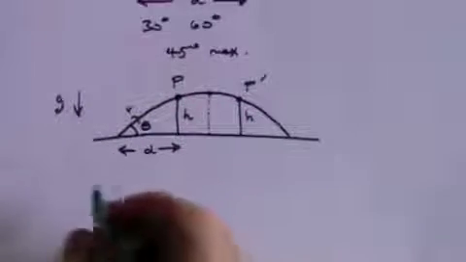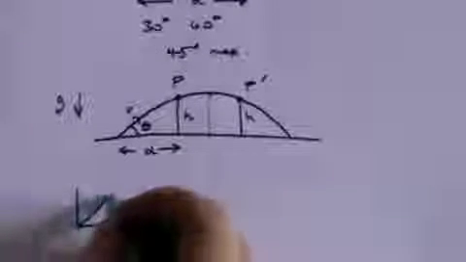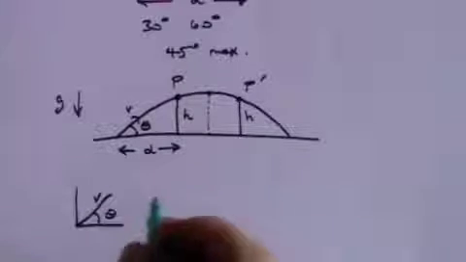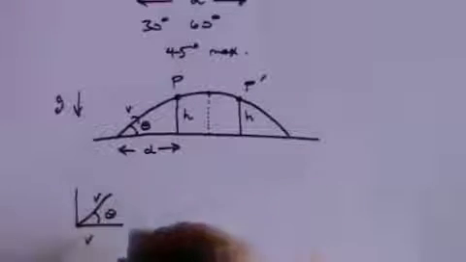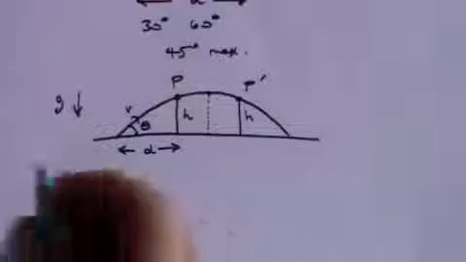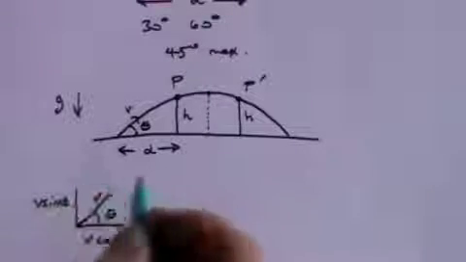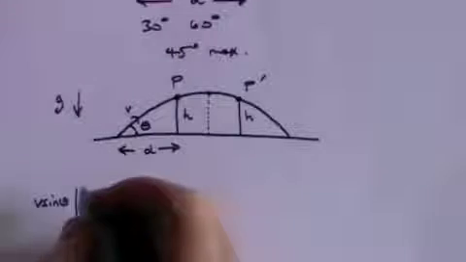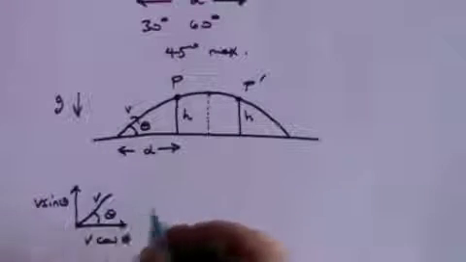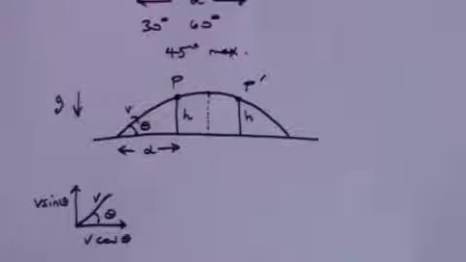Well, once again, we do the old trick of taking the velocity v at an angle theta and resolving it into its two component parts, v cosine theta and v sine theta. And remember, the whole point about these components is that you can look at them entirely independently and then bring them back at the end.